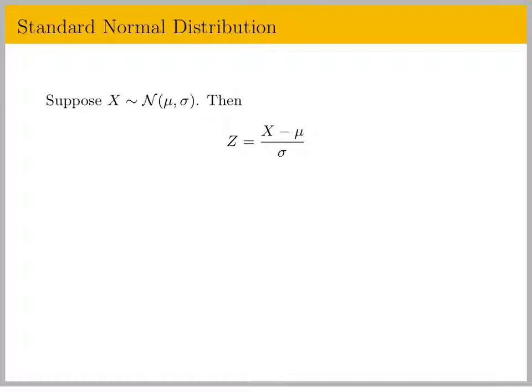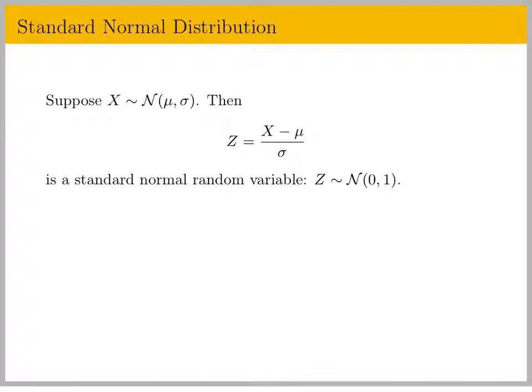It turns out that when X is distributed as some general normal with those parameters, we can define a new random variable using this transformation right here. We just say Z is a random variable, where what we're going to do is subtract the mean from X and divide by the standard deviation.